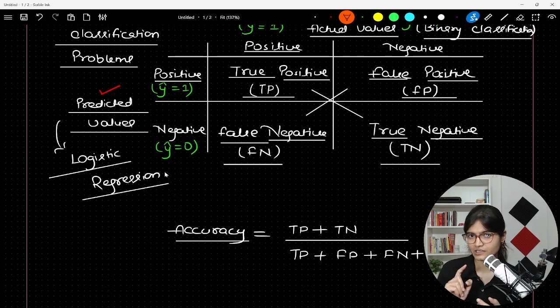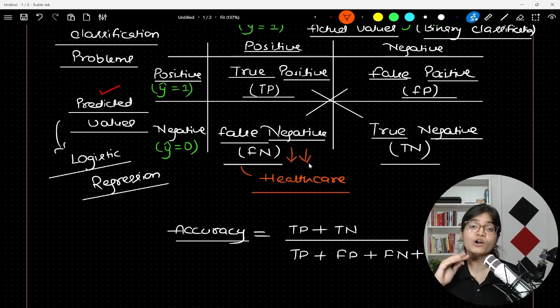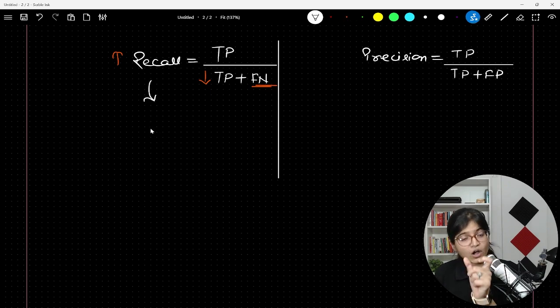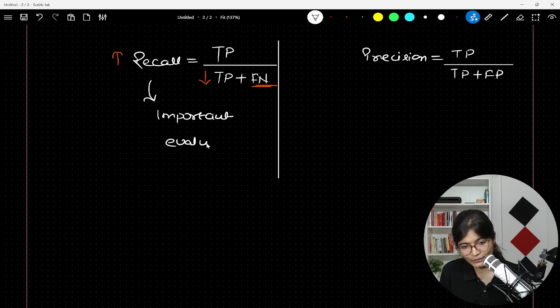That's a very worst case scenario in the healthcare domain. So always remember, in any healthcare problem, our target is to reduce this false negative term. In other words, I will always take recall as an important evaluation metric specifically for healthcare.